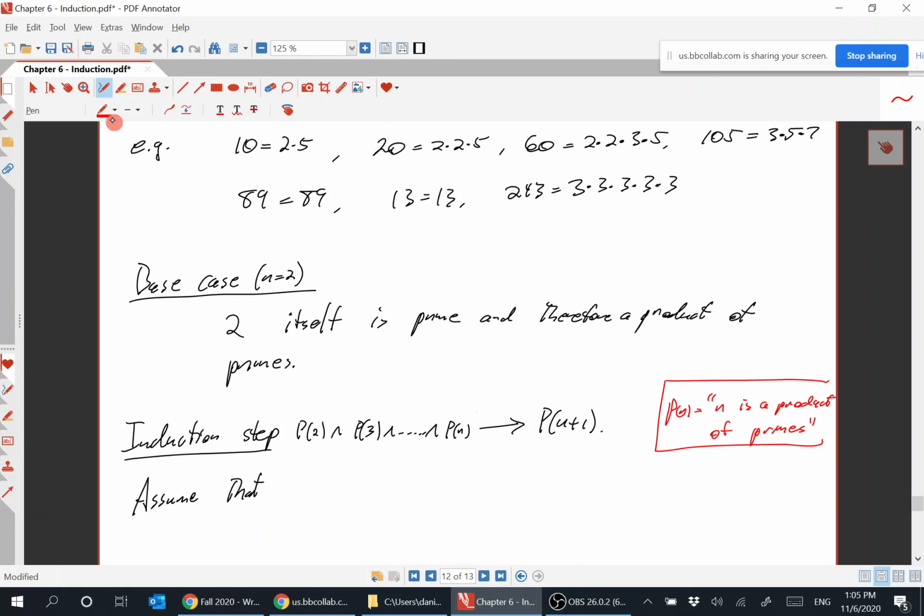So how do we say this? 2 is a product of primes, 3 is a product of primes, 4 is a product of primes, and 5 is a product of primes, and 6 is a product of primes, and n minus 1 is a product of primes, and n is a product of primes. How do we say that without repeating ourselves that much?